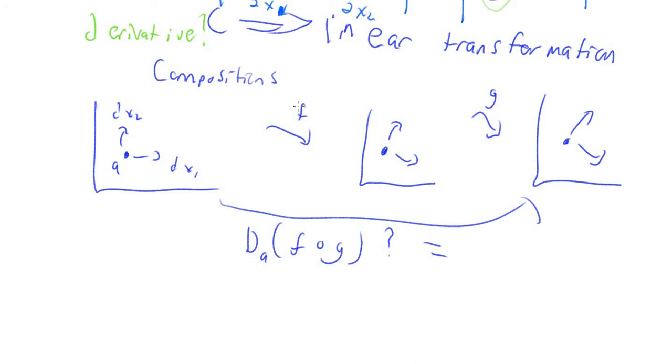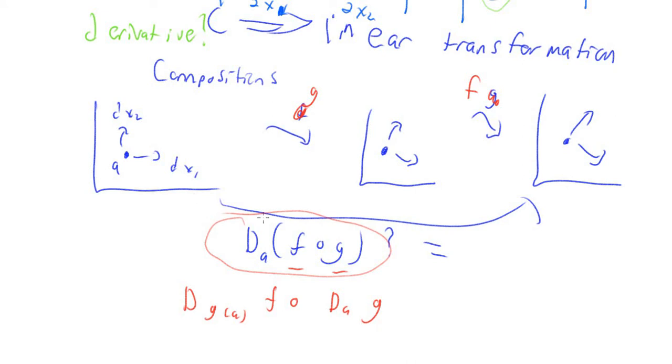In this example, let's do g and then f, because that's what we're doing here. This is going to be D_{g(a)}f composed with D_a g. So what's the derivative of a composition of two functions? It's just the composition of the derivatives, the composition of these linear transformations here.